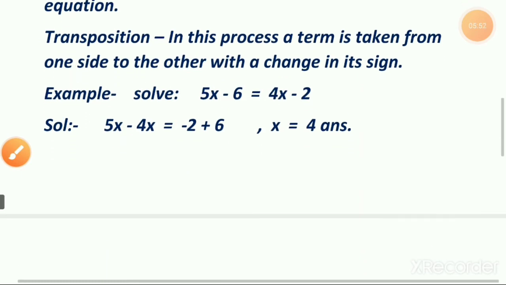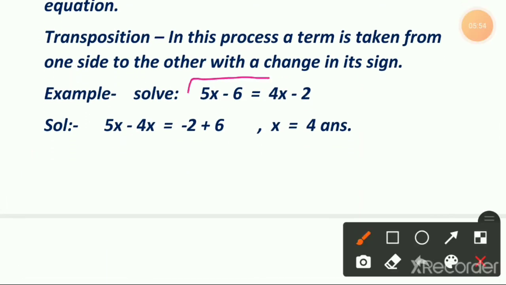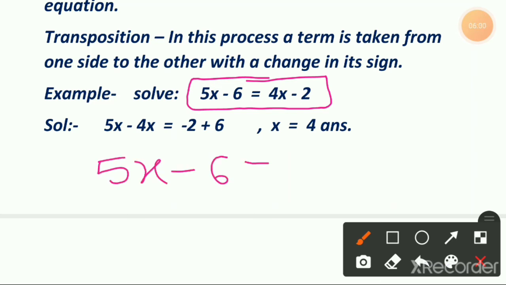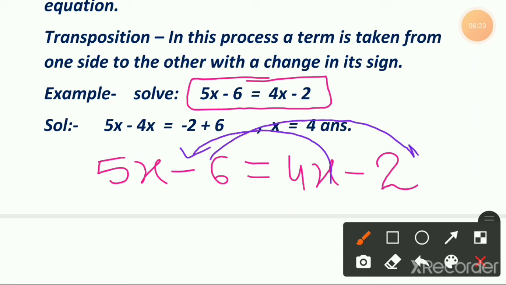So let's solve one example. I need to solve this equation. Children, whenever you are solving any question, first try to write all the like terms together. I want to find the value of x. Solving means we need to find the value of x. So I can use the method of transposition. I take 4x here and minus 6 goes there.